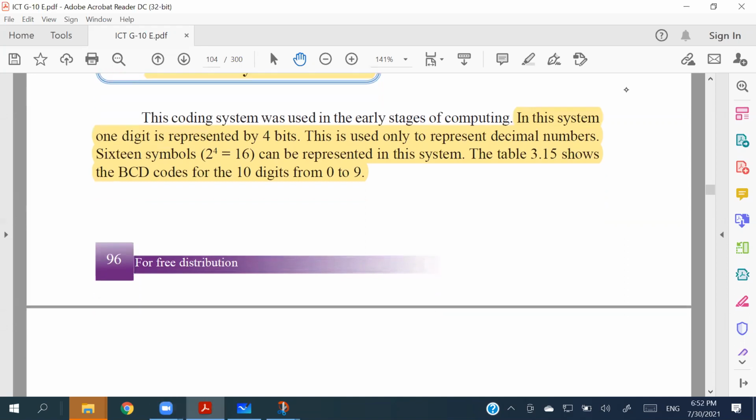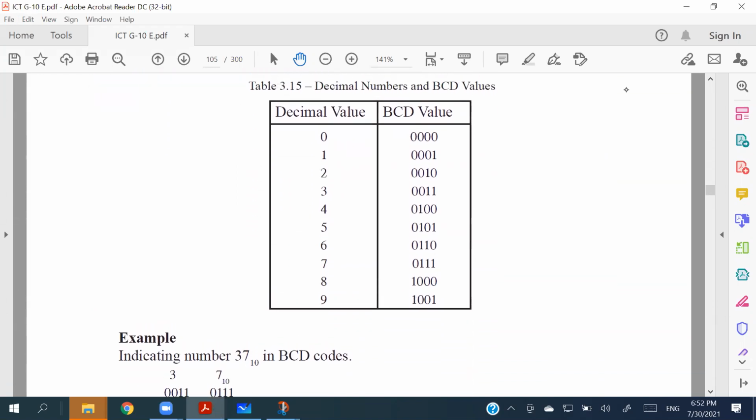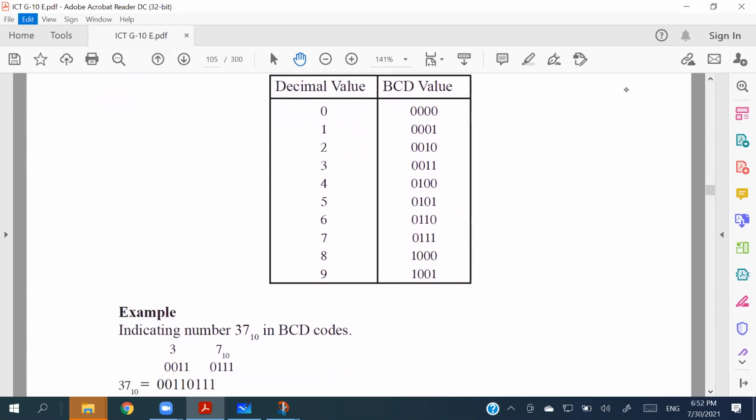Right, okay. So copy this with the example.